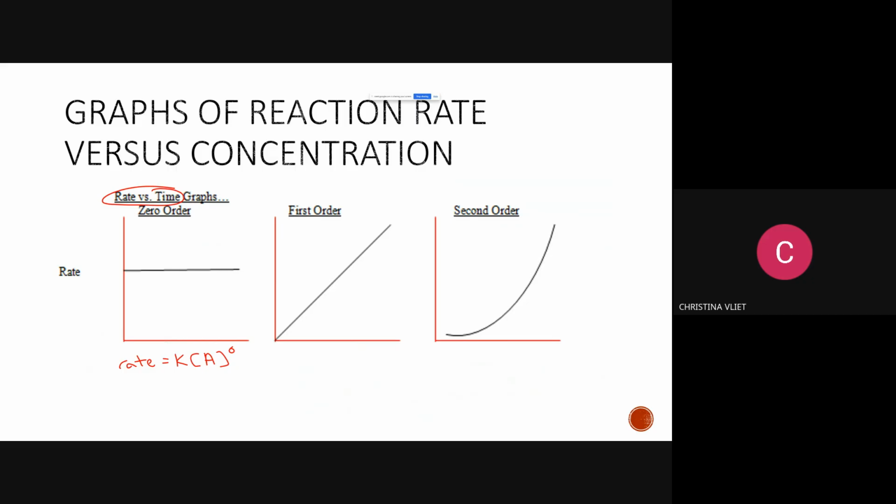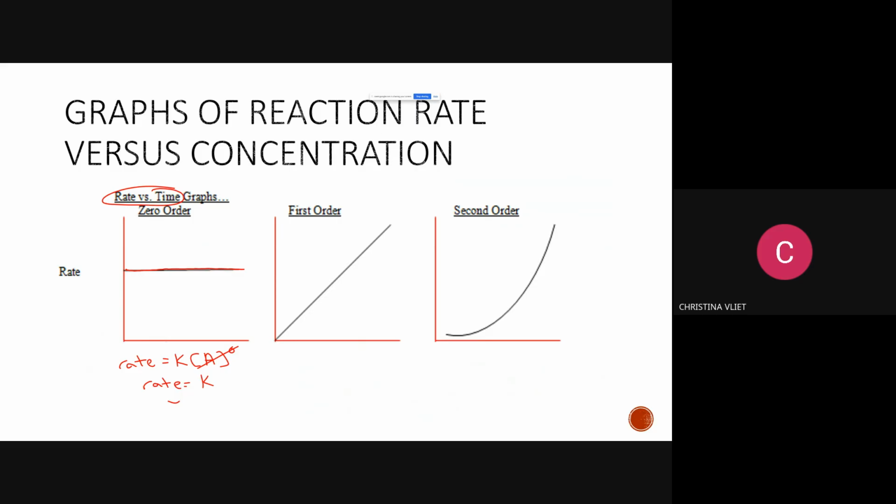So this is just rate equals k, whatever I have to the 0 power. If this is to the 0 power, that means that rate would just be equal to k, which means you've got a constant. And if the graph is constant, that means that whatever your k is, your rate will be as well, independent of concentration of reactants. So if you understand math, that's just the line of y equals a number, right?